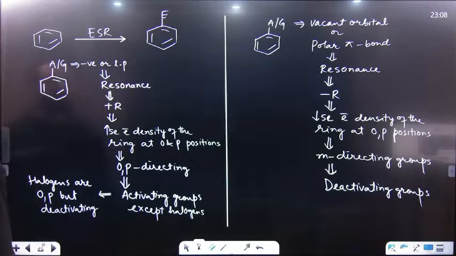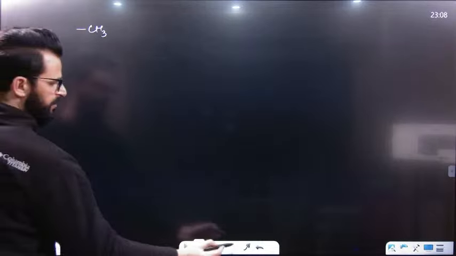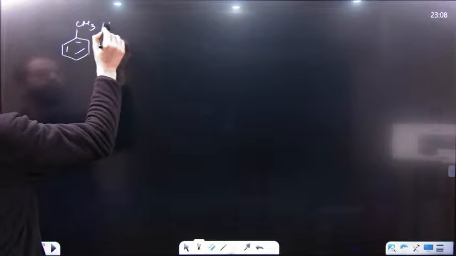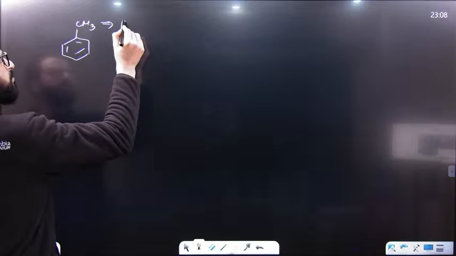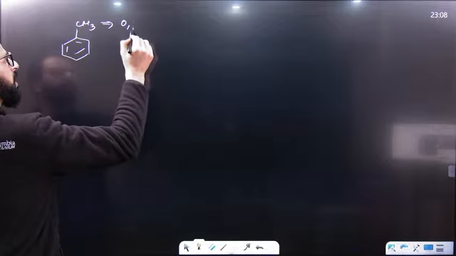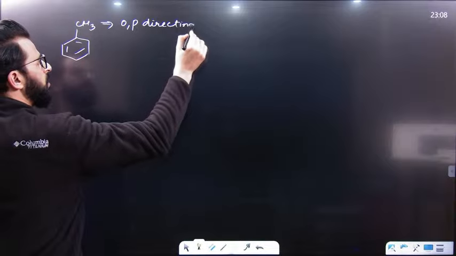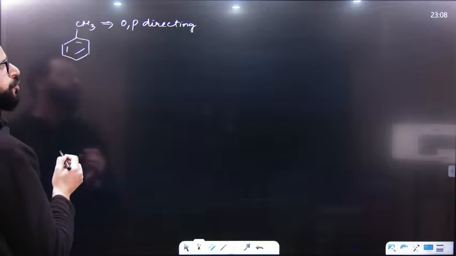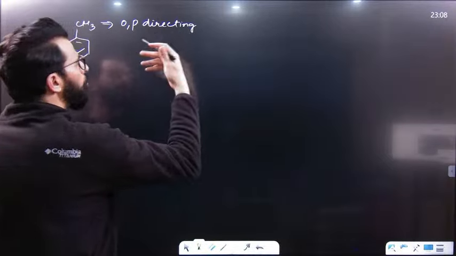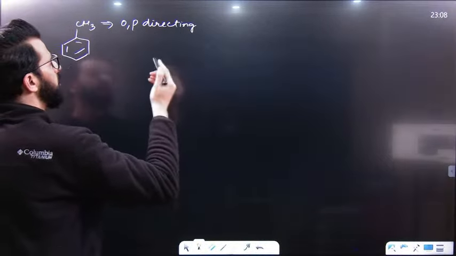In addition, if an alkyl group is attached to benzene, remember this is simply ortho-para directing. That means it increases electron density at ortho and para positions, obviously with respect to electrophiles.